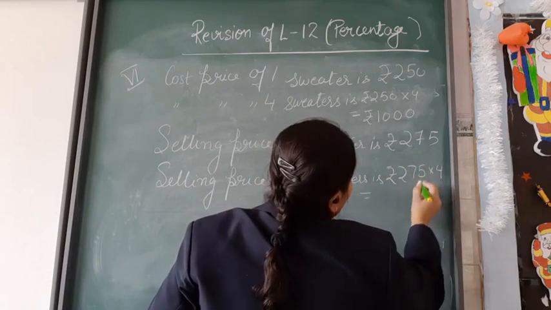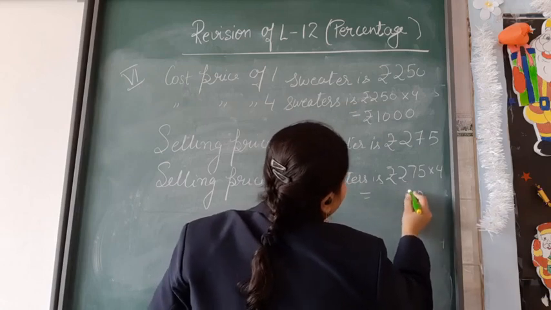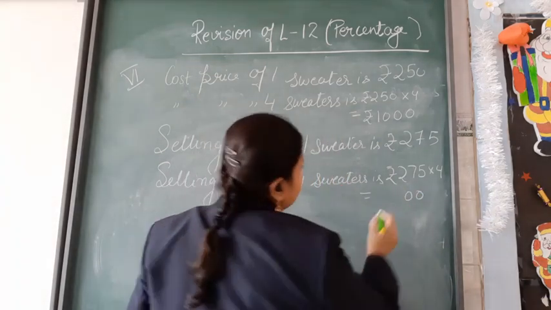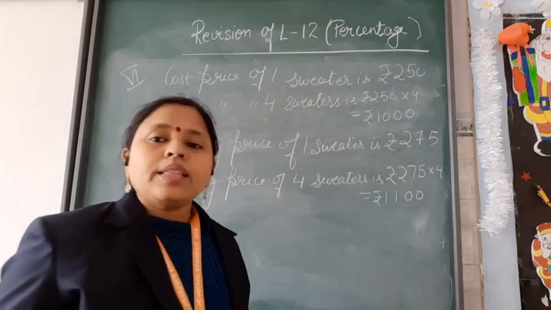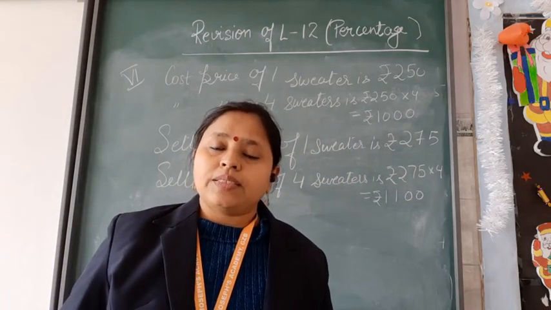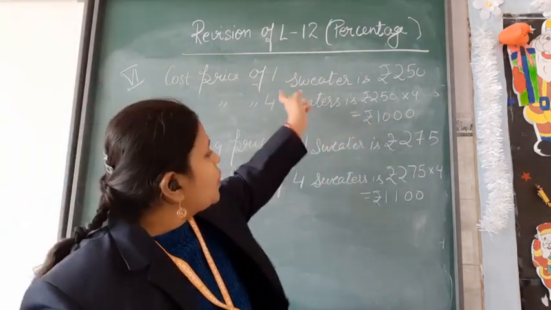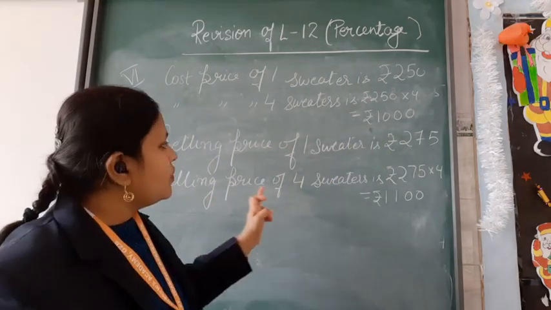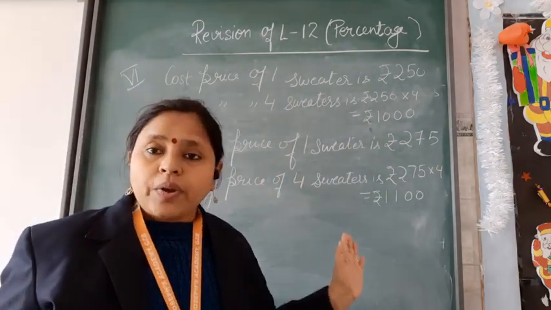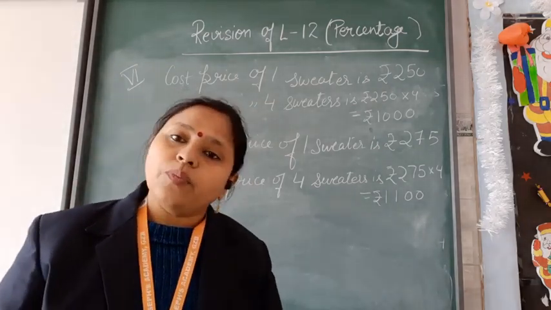So 4 5s are 20, 4 7s are 28, 29, 30, 4 2s are 8. So it is coming equal to 1100 rupees. So now children, you know that the cost price of 4 sweaters is rupees 1000 and the selling price of 4 sweaters is equal to rupees 1100.